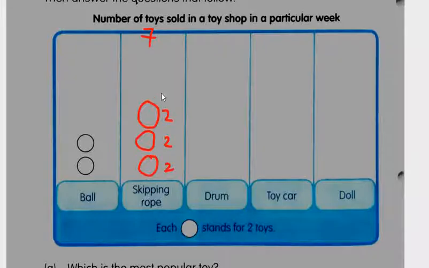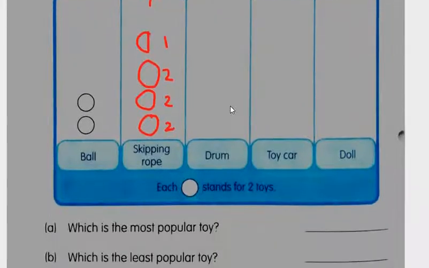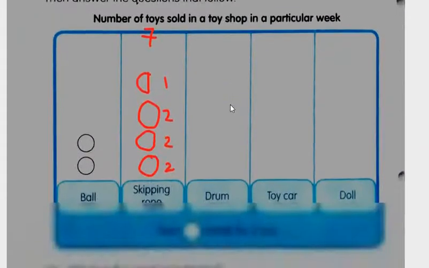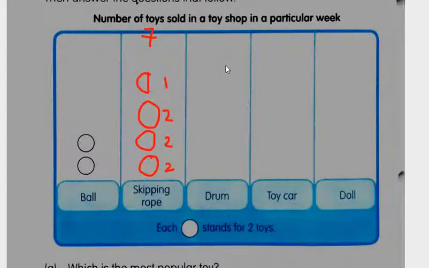But each circle stands for 2. So we need a half circle to do that. Because half of 2 is 1. So for the symbol, we draw a half also. Okay, that is how to do the pictogram. Do the rest, yeah.